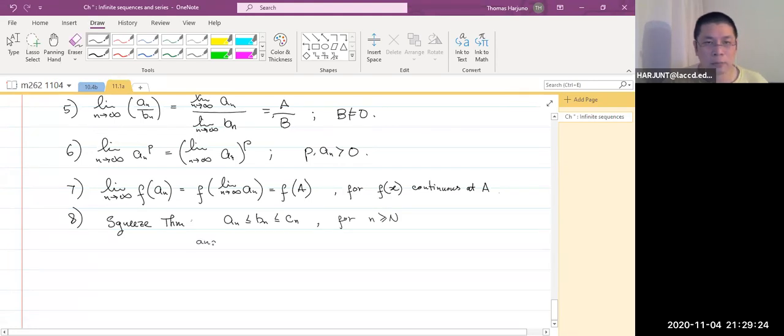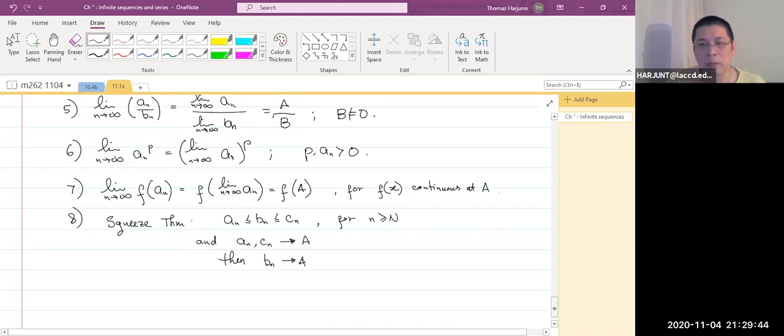And a sub n and c sub n both converge to the same number, call it A. Then b must converge to A also.